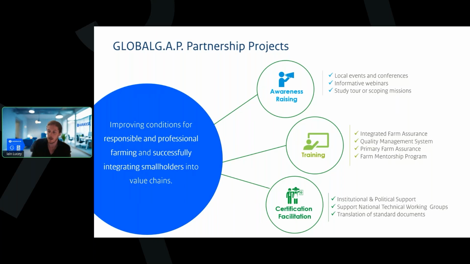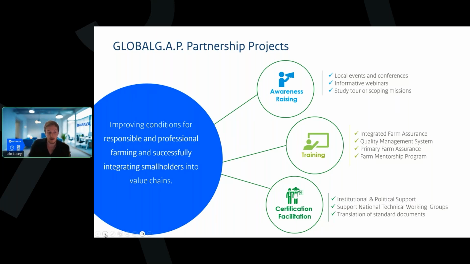Try to help them maybe understand the nature and the demands of the export market if we're able to support them with this. And we do this through events, webinars such as this, study tours or scoping missions where we may visit the target countries. And then we also work directly with government to provide institutional and political support to support the uptake of certification.